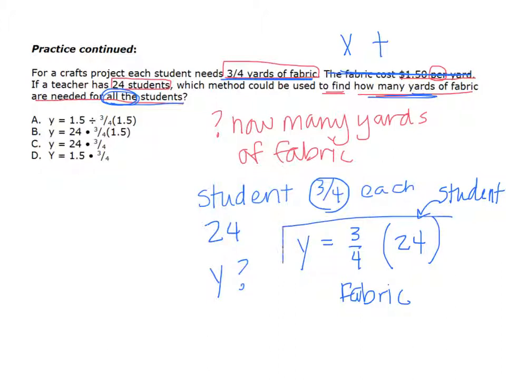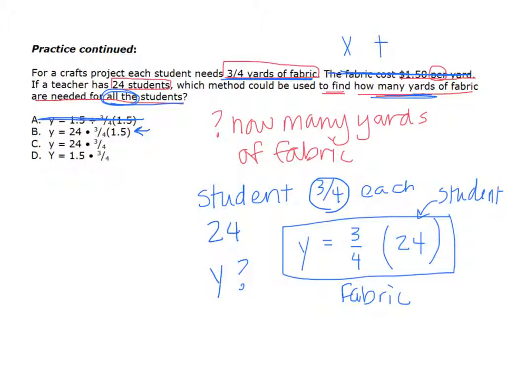So just even by looking at the problem before I go to the answer choices, I have figured out by my own smarticle particles that the amount of fabric needed is going to be 3/4 per each student, and I have 24 students. So let's go find which answer choice matches this. Well, this one has the cost in it, and it's a division one. This one would be great if I need to know how much it costs for all 24 students.